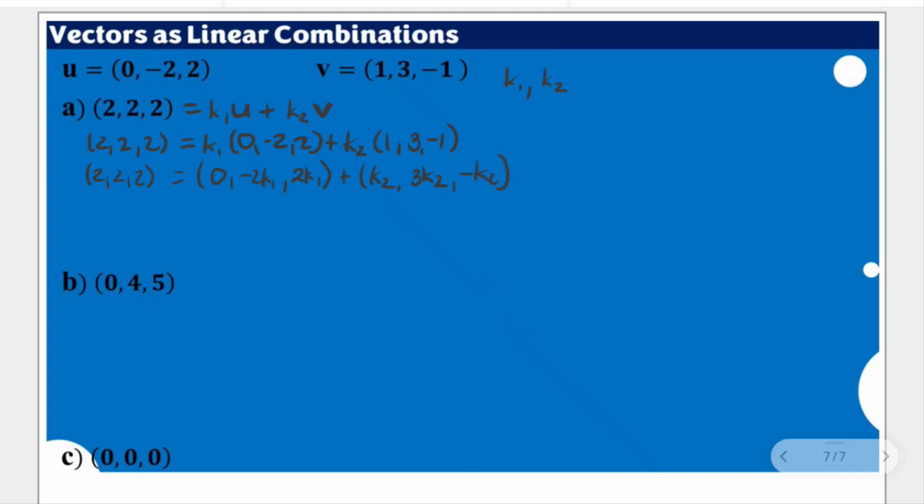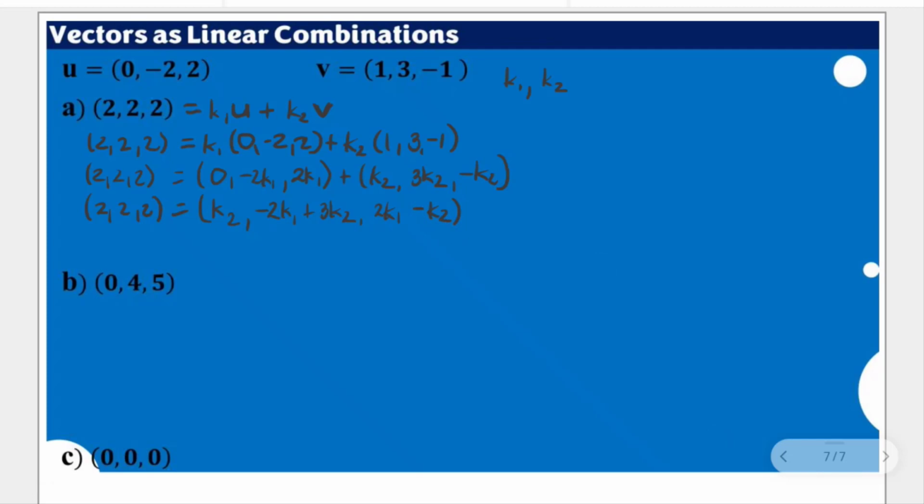Now, we need to add the two vectors on the right-hand side. Therefore, you will have this expression. 0 plus K sub 2 is just K sub 2. We'll have negative 2 K sub 1 plus 3 K sub 2, and then you will have 2 K sub 1 minus K sub 2.